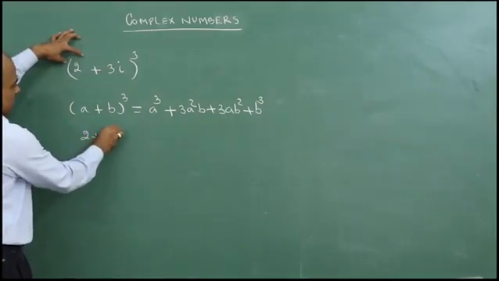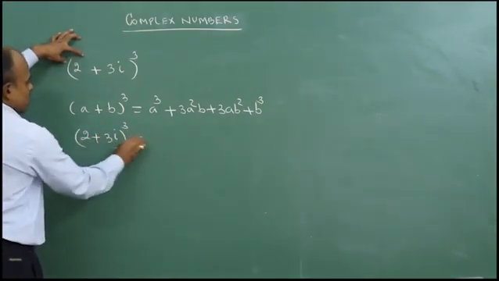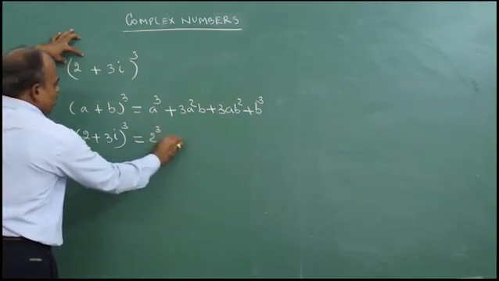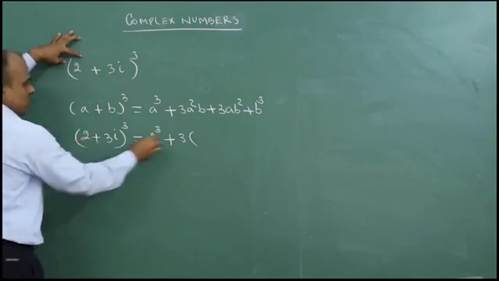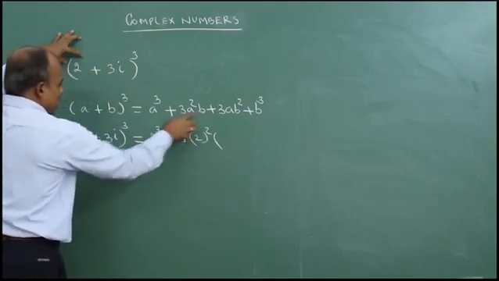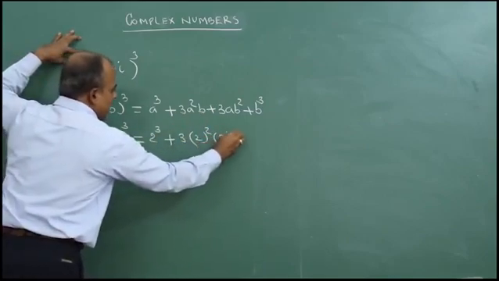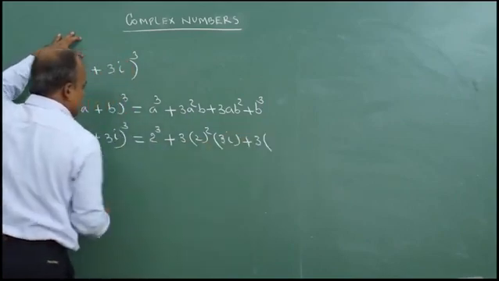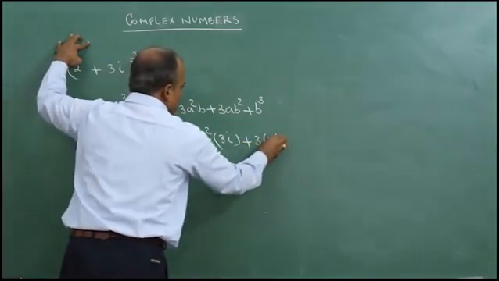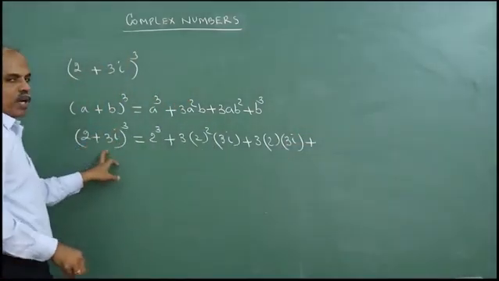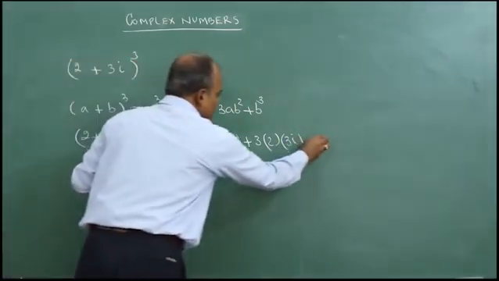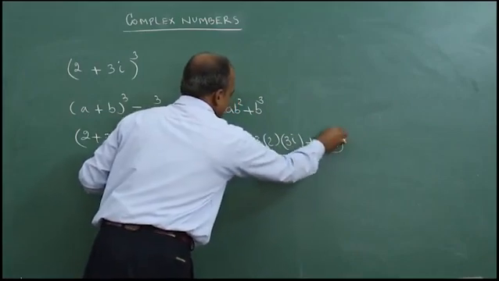(2 plus 3i) whole cube is equal to 2 to the power of 3 plus 3 times a square, what is a? That is 2, 2 square, b is 3i, plus 3 times a is 2 into b square, b is 3i, plus b to the power of 3, that means (3i) whole cube.